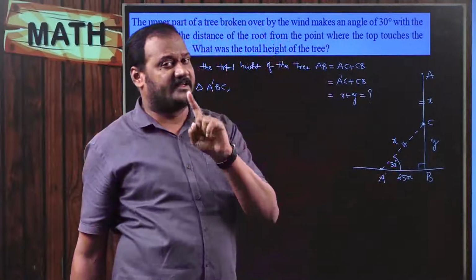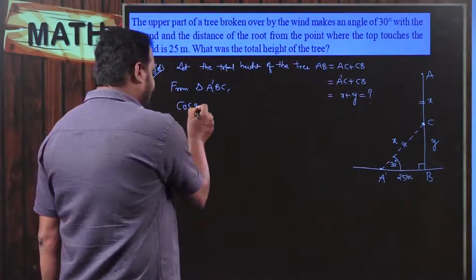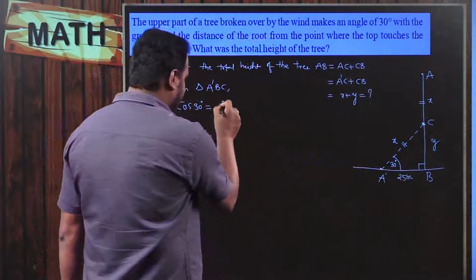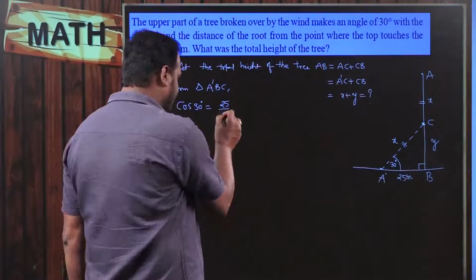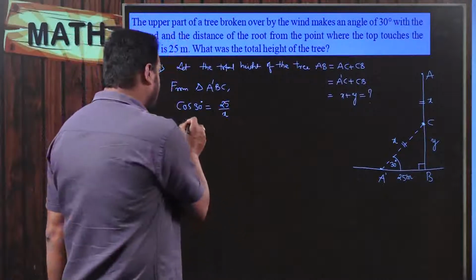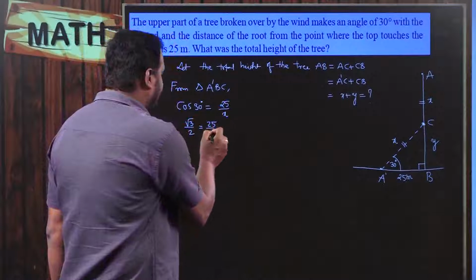Which ratio? Cos. So I am applying cos 30 degrees, which is equal to the side adjacent to 30 degrees, 25 meters, divided by the hypotenuse, which is X. What is the value of cos 30 degrees? It is root 3 upon 2, which is equal to 25 divided by X.